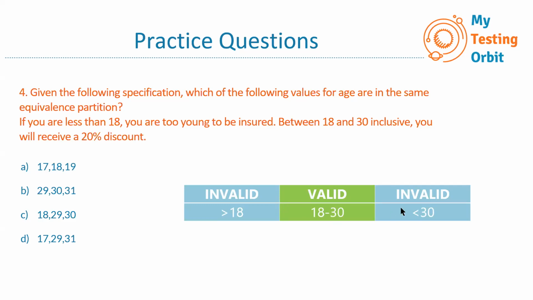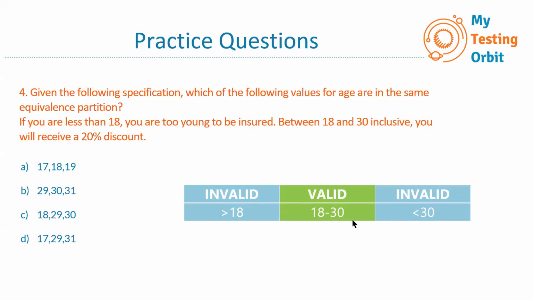And anything greater than 30 would be invalid as well. So 18 to 30 will receive a 20% discount. What is the question asking us? Which of the following values for age are in the same equivalence partition?